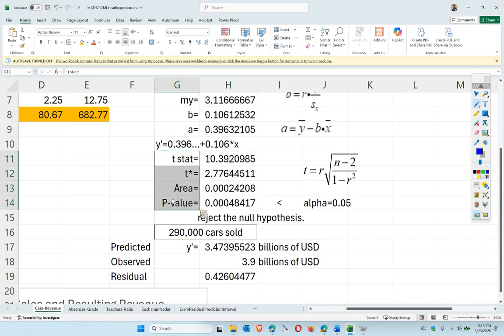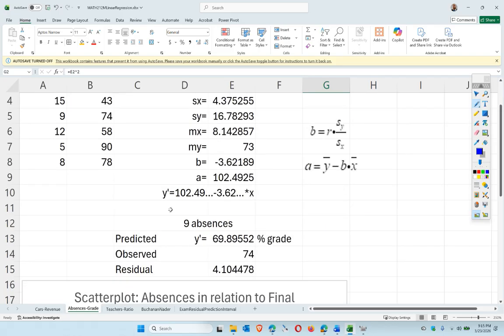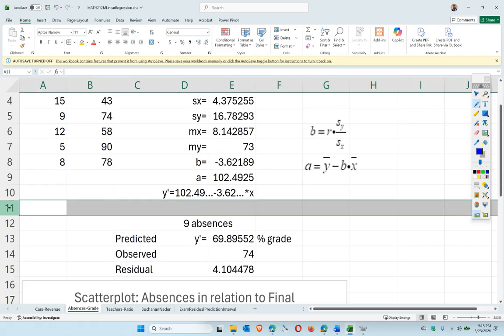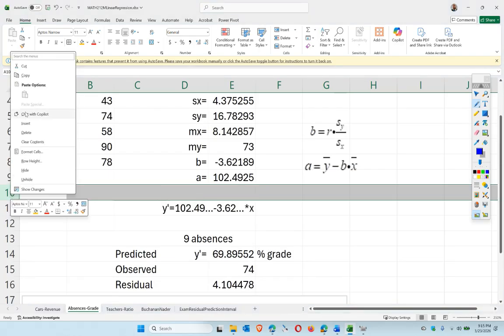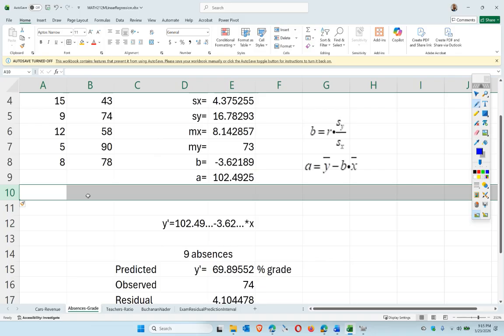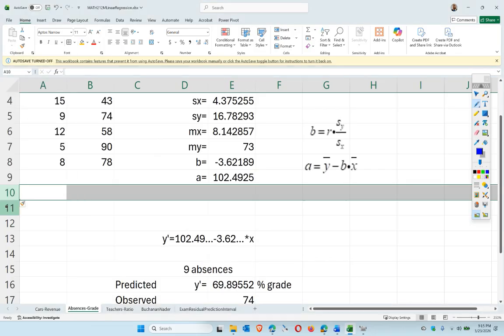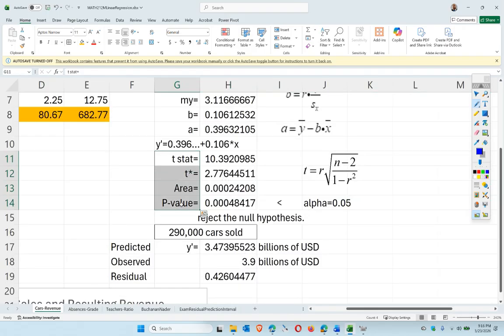We'll copy all of this. We'll go to the absence grade one, and then we should probably move this down a bunch. Insert. How many do I need here? I need 1, 2, 3, 4. Insert. Okay, copy those.